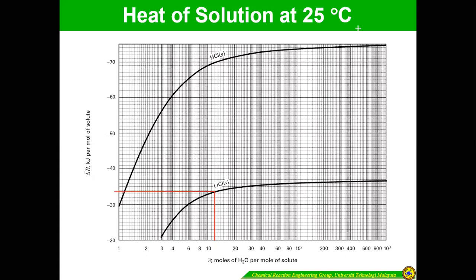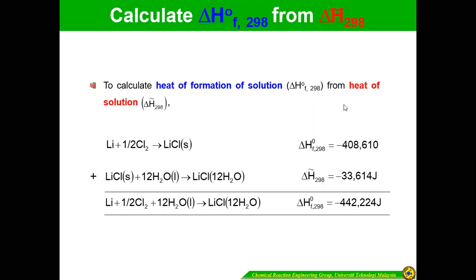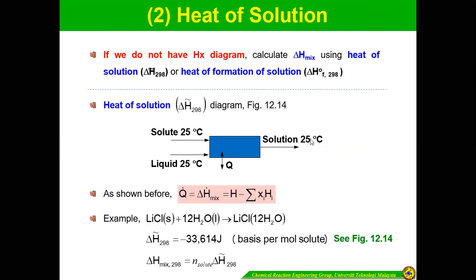So you can refer to that. Moles of H2O is 12, you look at here, and the solute is 1 mole, lithium chloride. So we can calculate from the graph.